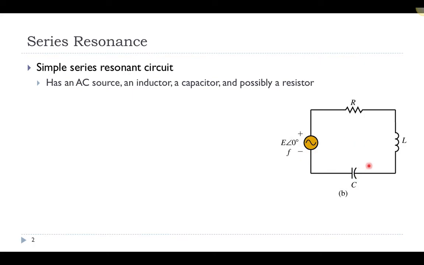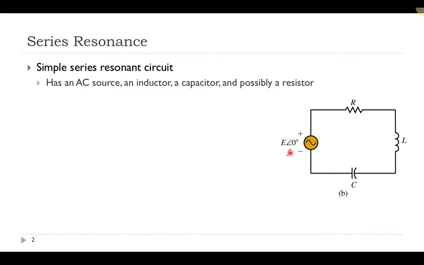And there's also an inductor and a capacitor in the circuit, and also possibly a resistor. There's always some amount of resistance in the circuit, so we'll focus on a situation where there's also going to be some resistance. So you'll notice that the frequency here is not written down, right? So there's no specific values given for any of these, and then the frequency is sort of left open.